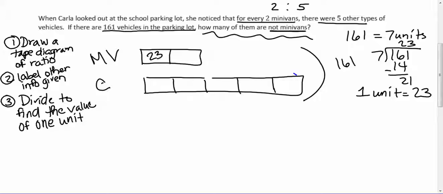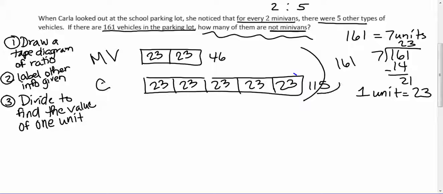So there's 23 minivans for that section, 23 here, 23 cars, another group of 23 cars, 23 cars, 23 cars, 23 cars. All right, so once you find the value of 1 unit, you can solve all this. We would easily be able to tell that there are 46 minivans because there's 2 groups of 23. We have 5 groups of 23 here. That multiplies out to give you 115. And the question was how many of them are not minivans.